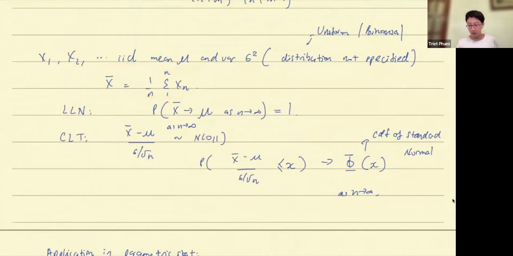You do not say what the distribution is, then why is it that the sample average always goes to the mean? And why is it that the standardized ratio like this, or the z transformation of the ratio, always converges to a standard normal?